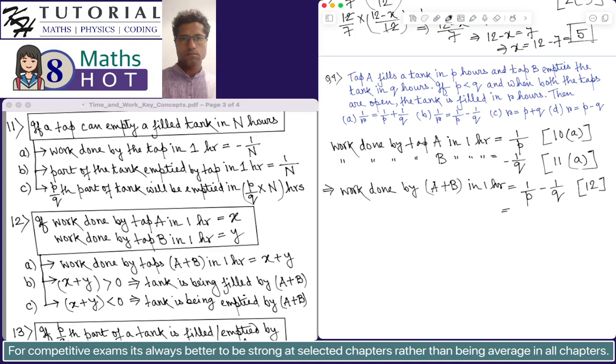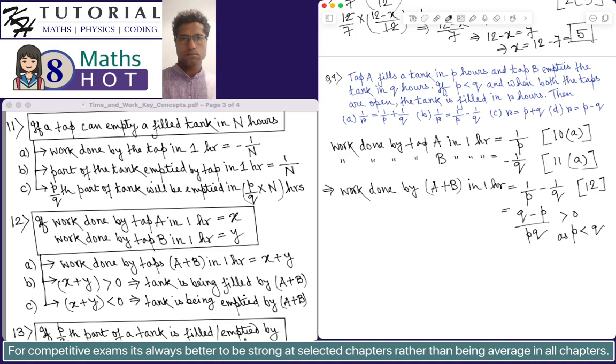Now this is equal to Q minus P divided by PQ. Now this whole value, the work done, Q minus P divided by PQ, will be positive since it is given that P is less than Q. If P is less than Q, this means Q is greater than P, so definitely Q minus P will be greater than 0.